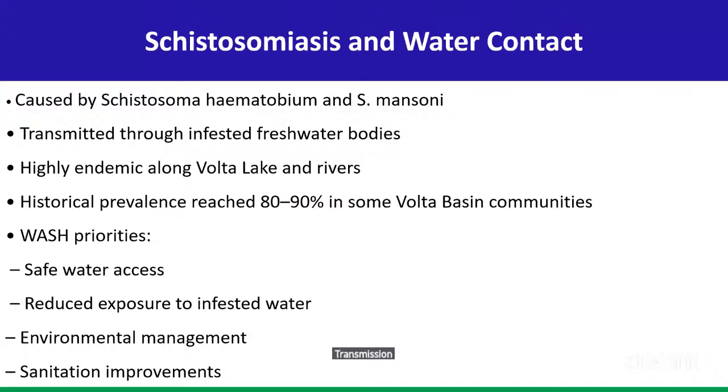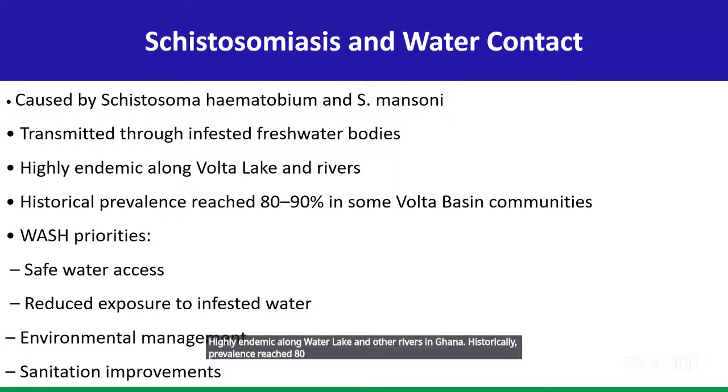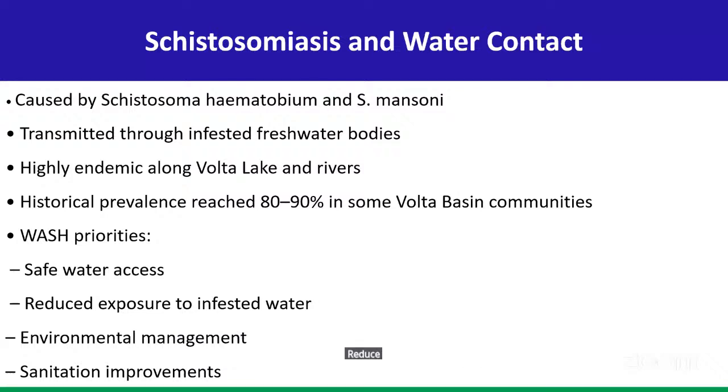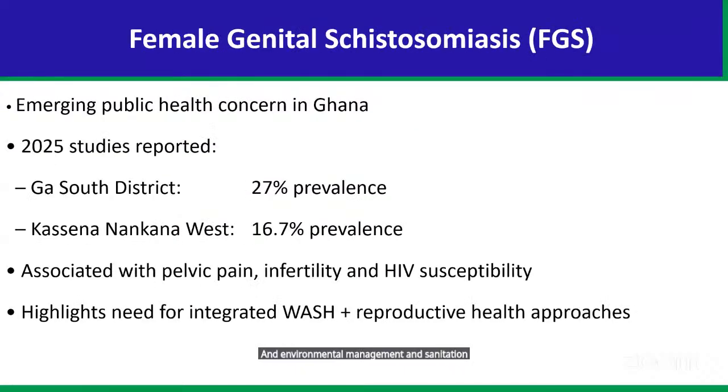Transmission is through infested fresh water bodies, highly endemic along Volta Lake and other rivers in Ghana. Historically, prevalence reached 80 to 90% in some Volta basin communities. So what are the WASH priorities here? Simple: safe water access, reduce exposure to infested water, environmental management, and sanitation improvement.